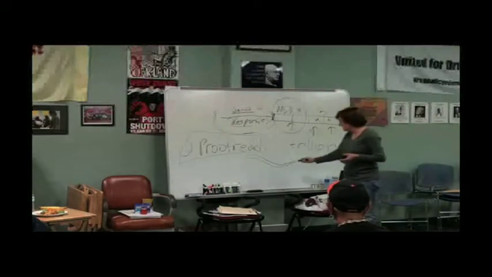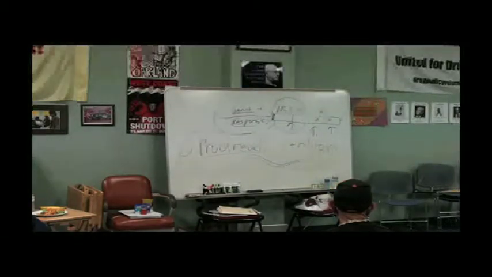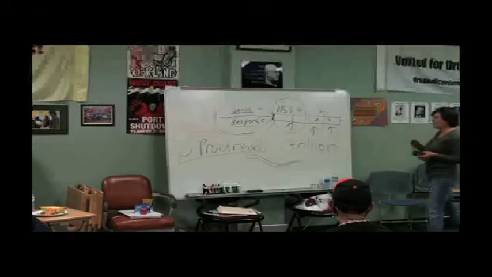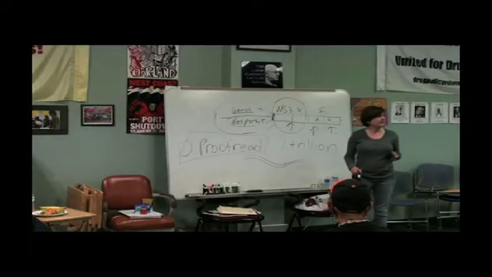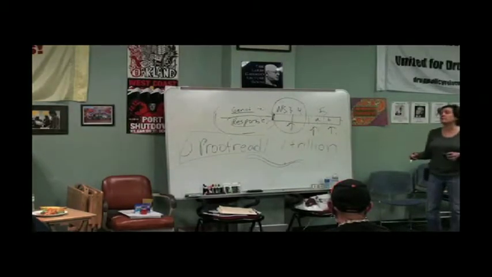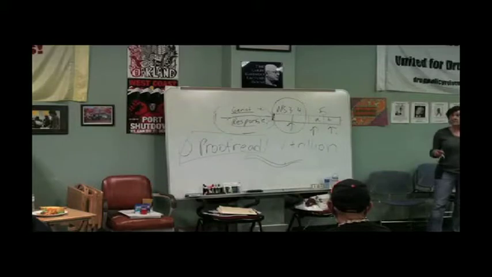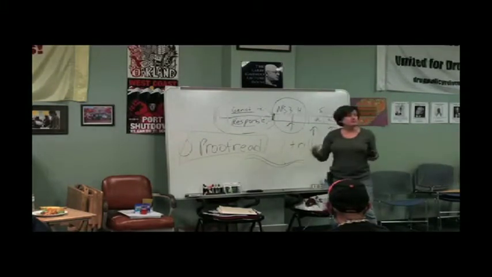In our own bodies, when this happens, what do we do? Proofreading eliminates it. Our body fixes this. And it doesn't always happen. And if it doesn't happen, what can it lead to? Things like cancer, because that's when you get weird mutations.